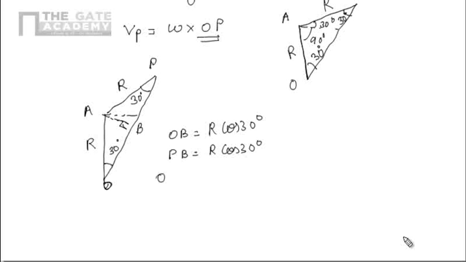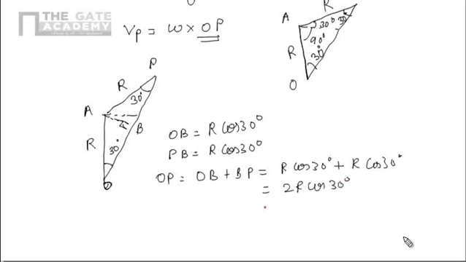So OP is nothing but OB plus BP equals to R cos 30 plus R cos 30. So it will be 2R cos 30 degree. Cos 30 is root 3 by 2, so I will get root 3 R.